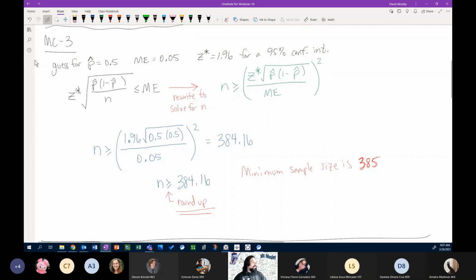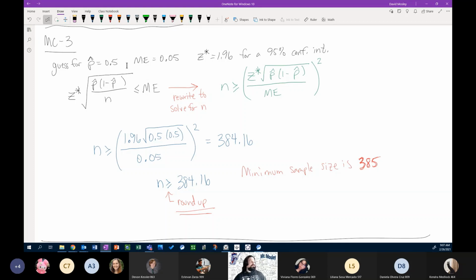We start with the known information that we don't have a p hat, so we're going to use the guess of p hat equaling 0.5. Remember, when we're estimating a sample size that we need, we either can use a proportion from a previous, smaller sample or previous study, or if we don't really have an idea, we have to use the guess of 0.5.